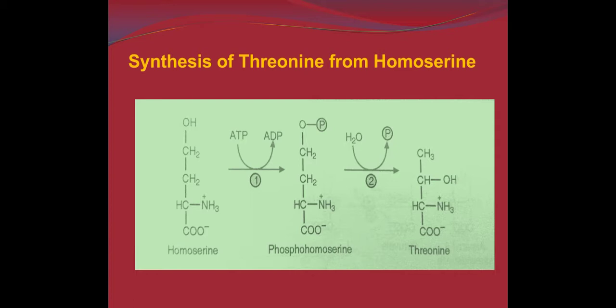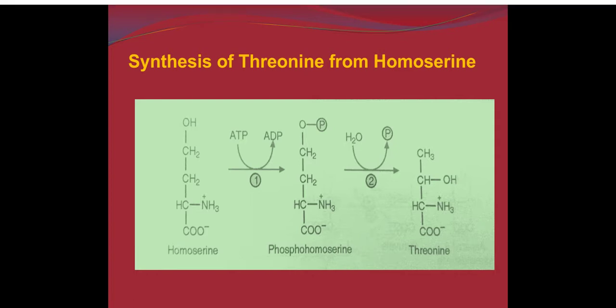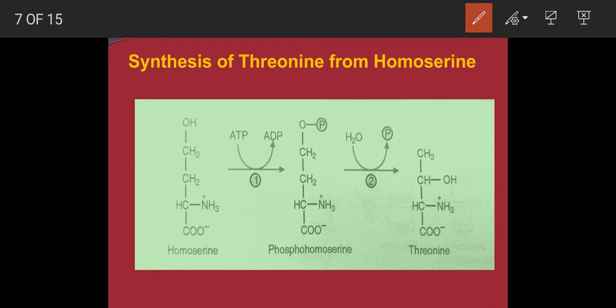The homoserine is first phosphorylated by the enzyme homoserine kinase, and 1 ATP is also utilized as a phosphate donor. The intermediate product is phosphohomoserine. In the second step, this phosphohomoserine is converted to threonine, and this reaction is catalyzed by threonine synthase. This enzyme is also a PLP dependent enzyme, and 1 phosphate is released in this reaction. As a result, threonine is formed from homoserine.